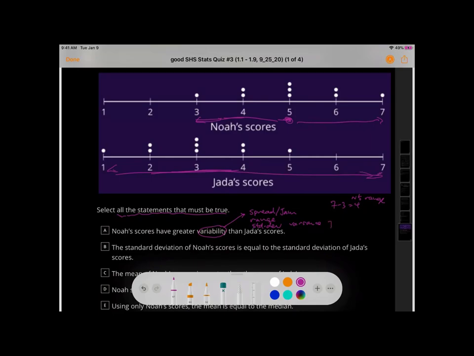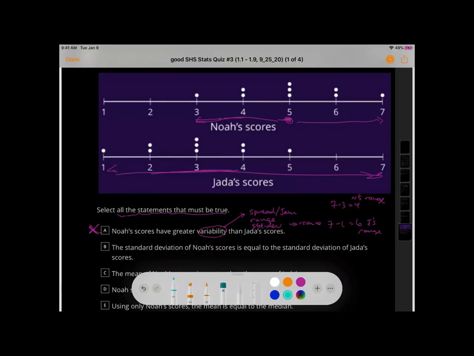From 7 to 1. So Jada's range is 6. So does Noah have a bigger spread? So, no. The standard deviation of Noah's score is equal to the standard deviation of Jada's.